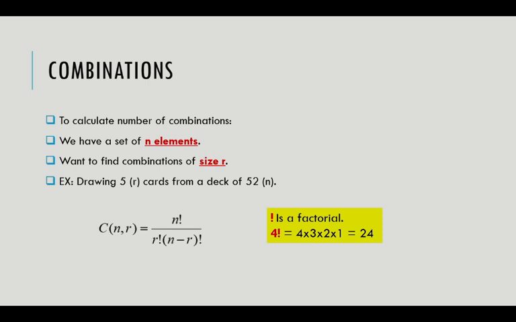So 4 multiplied by every number below it, and that equals 24. So 4 factorial is 24. n factorial is going to be equal to n times n minus 1, and on and on. You get the idea.